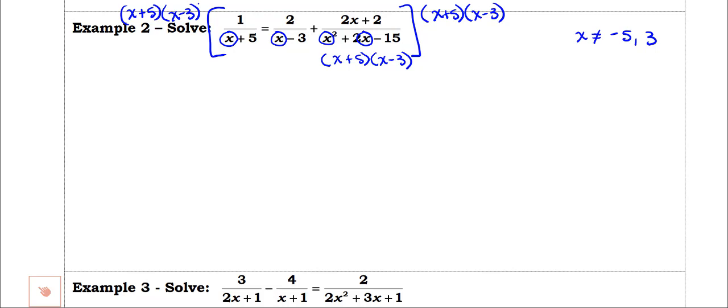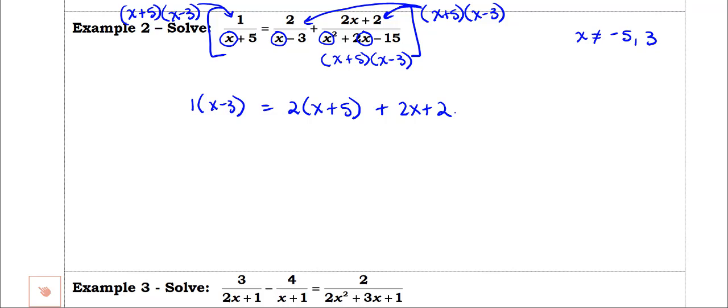So when I distribute here, do you see that the x plus 5s are going to be gone? And I have left 1 times x minus 3 equals, multiply here, the x minus 3 is gone, and what's left? And also what? You're right, the 2. That's right. And I multiply here, and everybody's gone except the 2x plus 2.